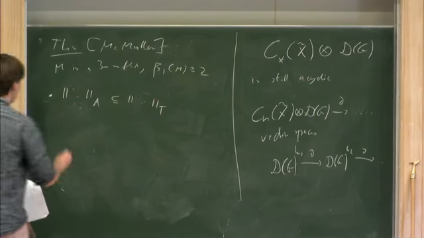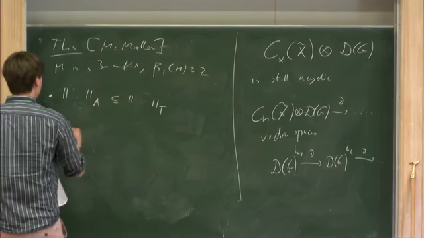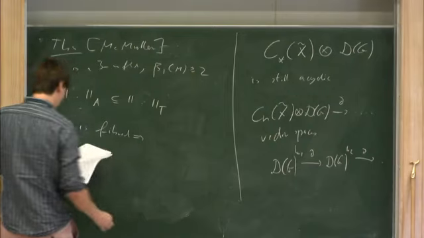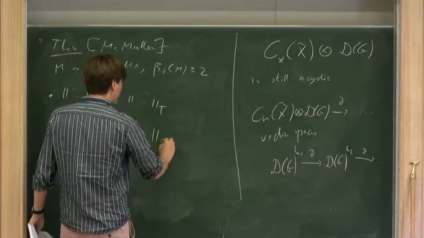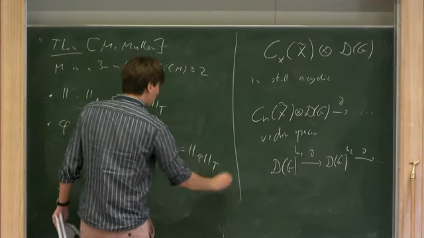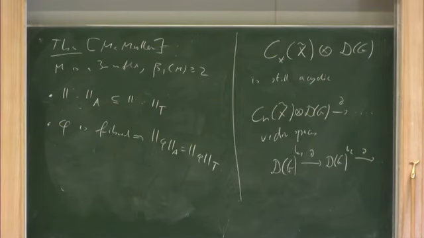And secondly, McMillan proved that if phi is fibered, a fibered character, then these norms actually coincide. It's a result of Dunfield that they do not coincide in general. It's not the same norm, but it is for fibered characters.